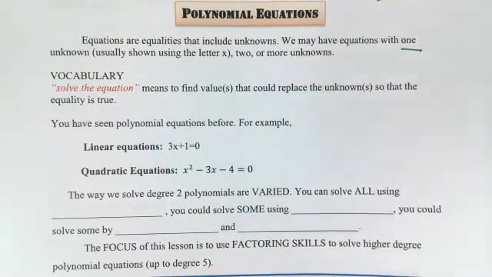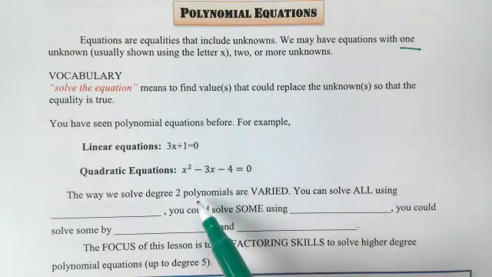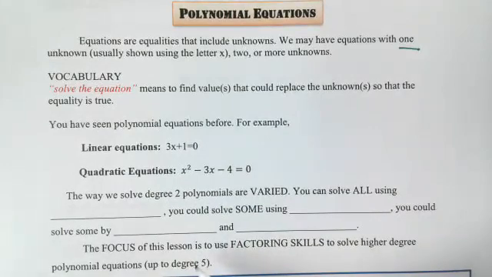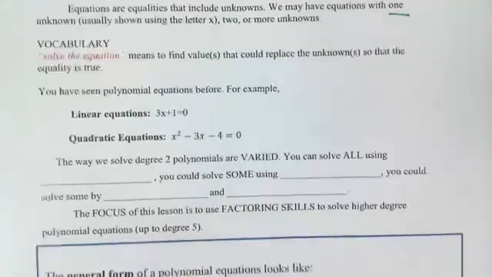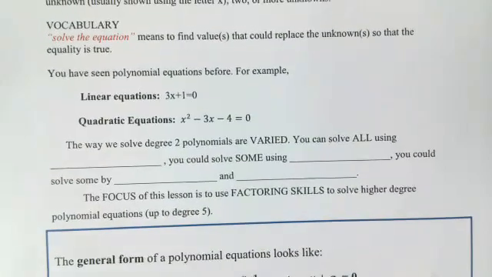So far, up to this grade, you have seen polynomial equations before. You've seen a linear equation, so you should know how to solve a linear equation. You have seen quadratic equations, and you should know how to solve them from grade 11. When you are solving quadratic equations, there are 4 different ways to solve them. You can solve them all by using the quadratic formula.